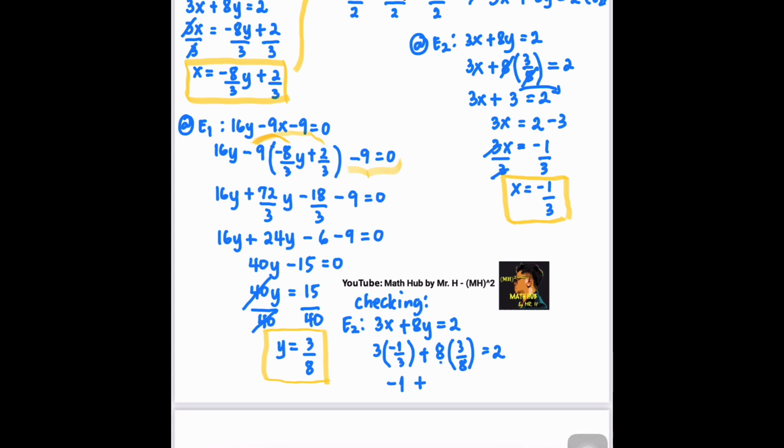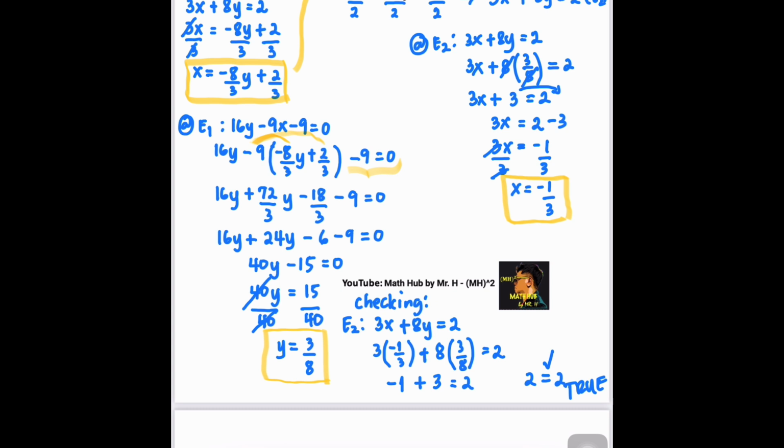Plus 8 times 3 divided by 8 is 3 equals 2. Negative 1 plus 3 is 2 equals 2. That means it's true. All right, it's true for both equations.